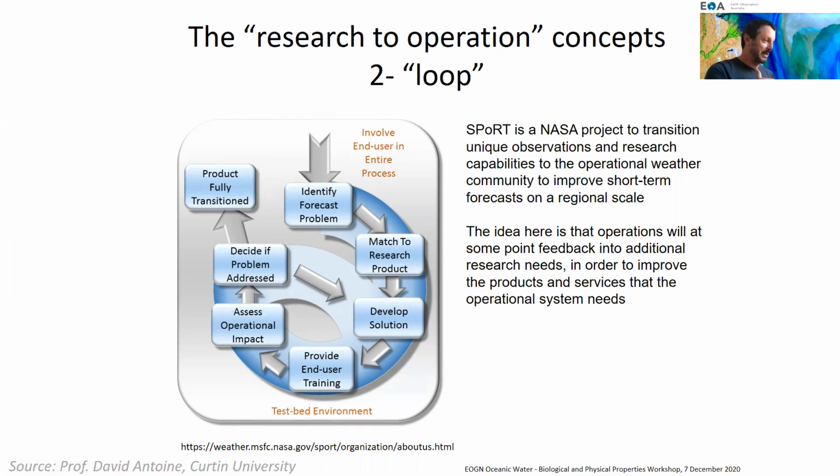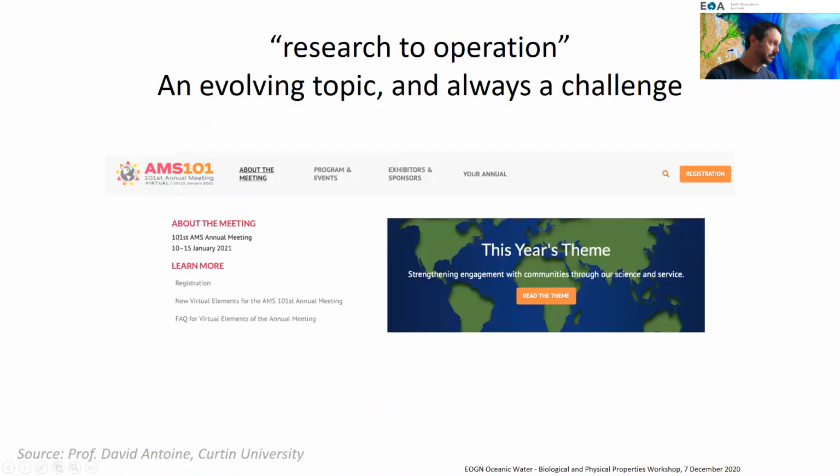So I think we need to start recognising, and this was a key point of this discussion earlier, that this research to operations is this continual improvement, and it's not just linear, and it's something we need to communicate more effectively. And there's a really critical role in here for collaborative research infrastructure, which is partly down where we've got that test bed environment down the bottom.